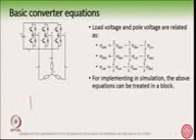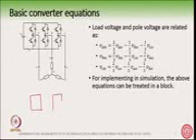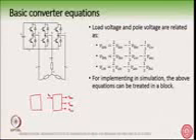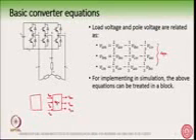I will have this block with outputs VAN, VBN, VCN, and the input is VAO, VBO and VCO. This is the equation which is running to get VAN from VAO, VBO, VCO.